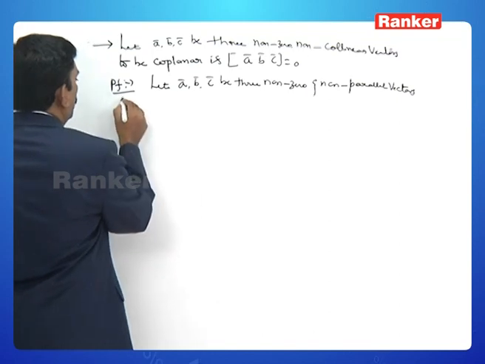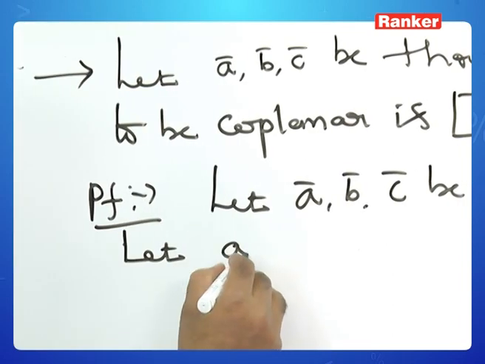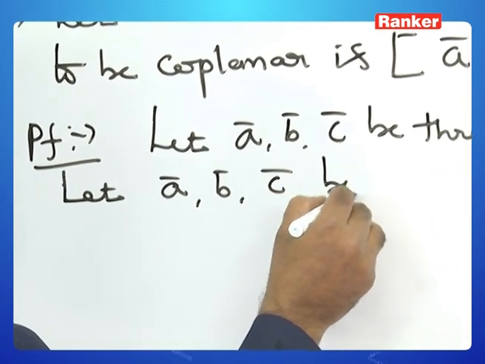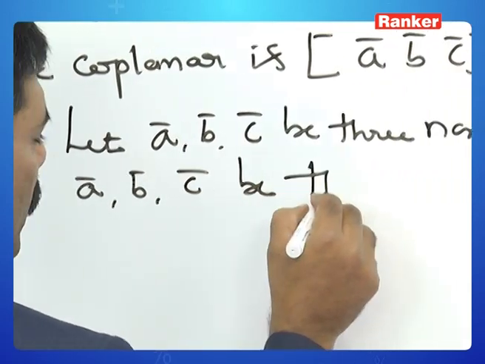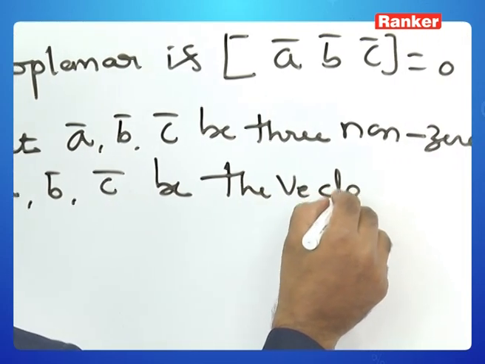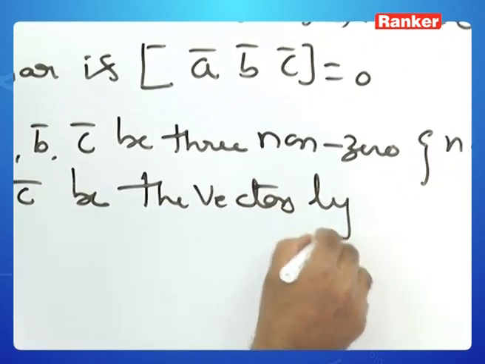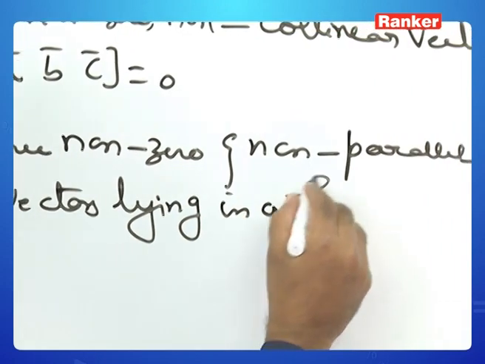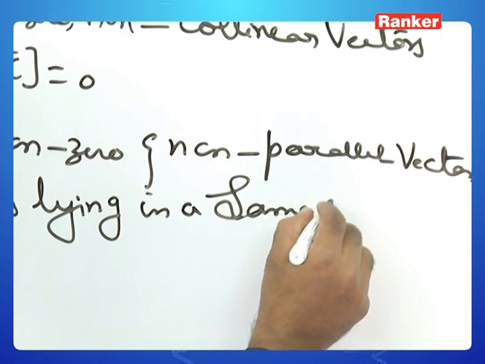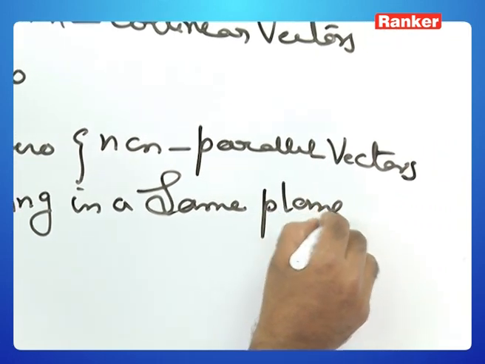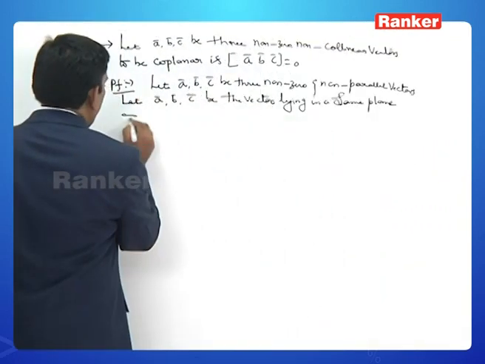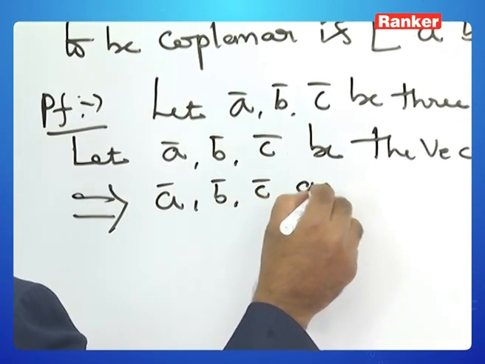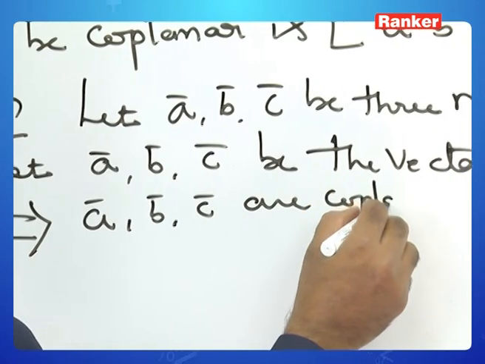Now, let A bar, B bar, C bar be the vectors lying in a same plane, which implies A bar, B bar, C bar are coplanar.